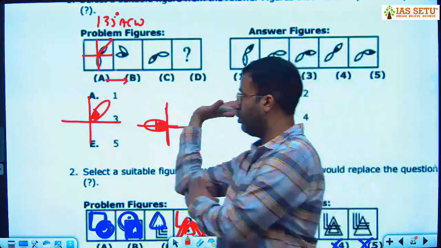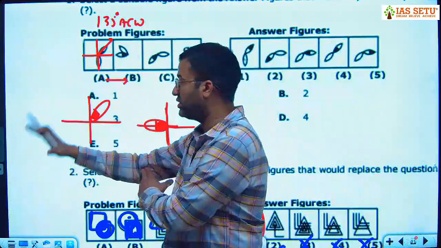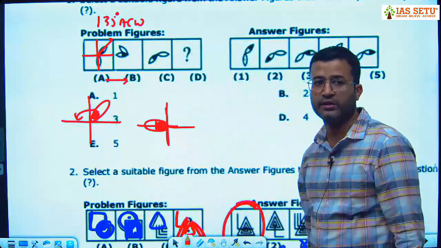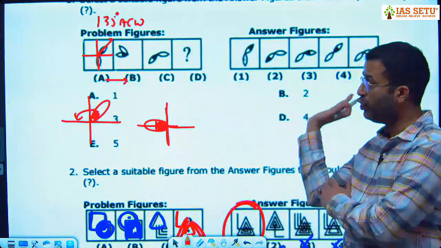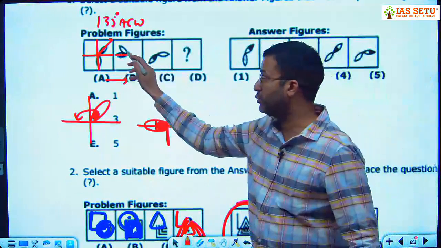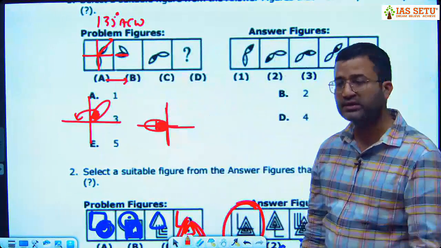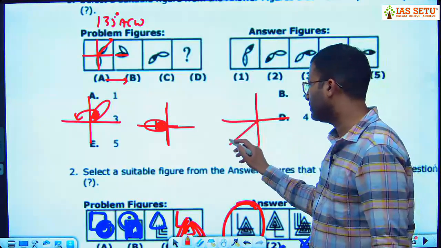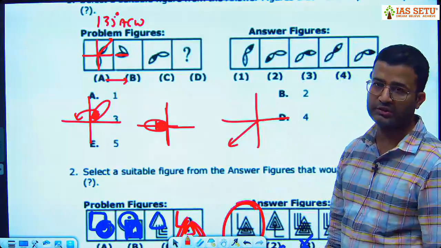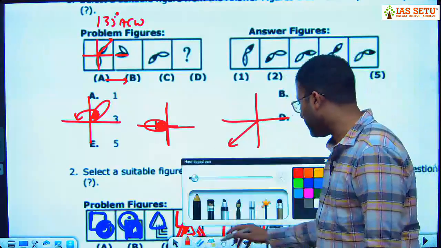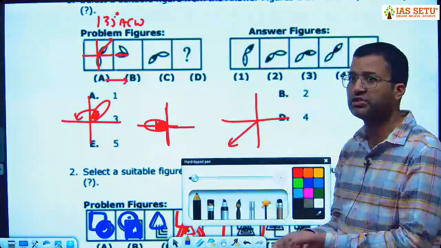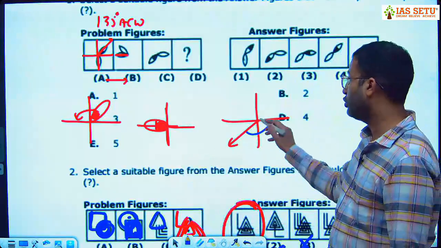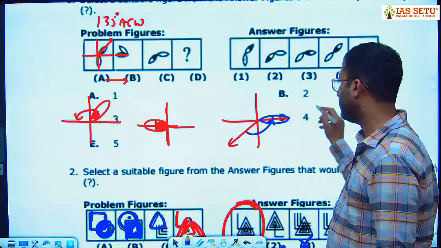North east से आप west direction में जाएंगे तो you have a change of 135 degree anti-clockwise. Apply the same change in this. Here your shaded loop is in the southwest direction. From southwest direction, we have same change, 135 degree anti-clockwise. So your shaded loop will come in the east direction.